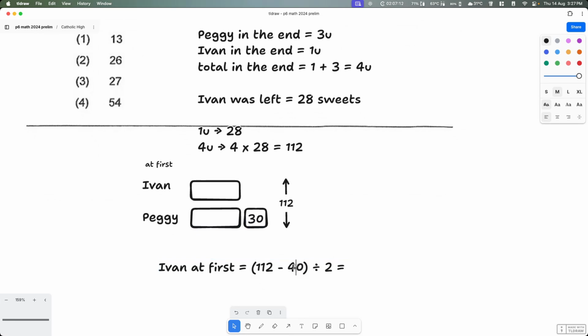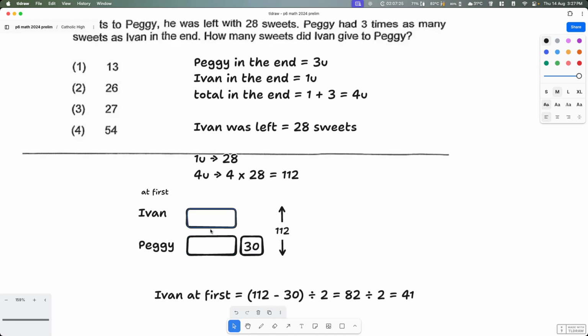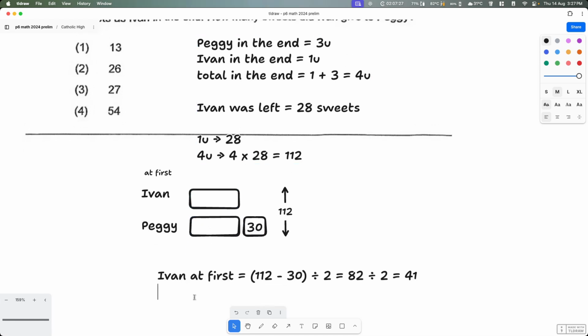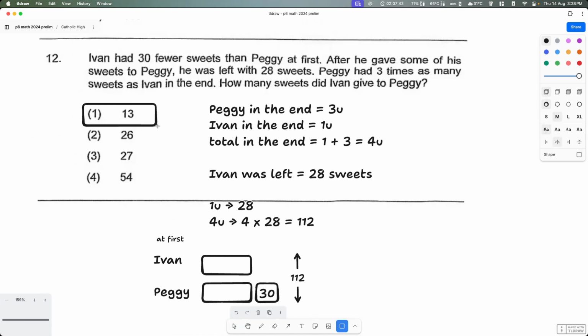So 112 minus 30 is 82, and then divided by 2, this will give us 41. So Ivan at first got 41, and then Ivan left is 28. So Ivan gave 41 minus 28, and this will give us 13. Okay, so the answer to this is option number 1.